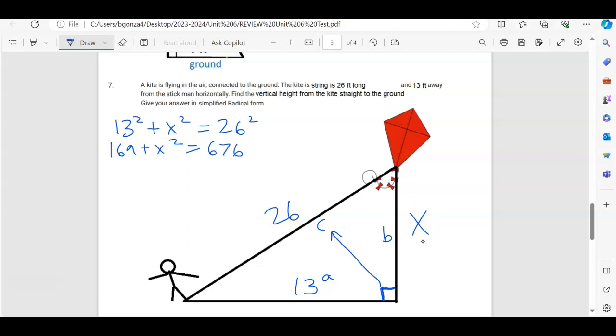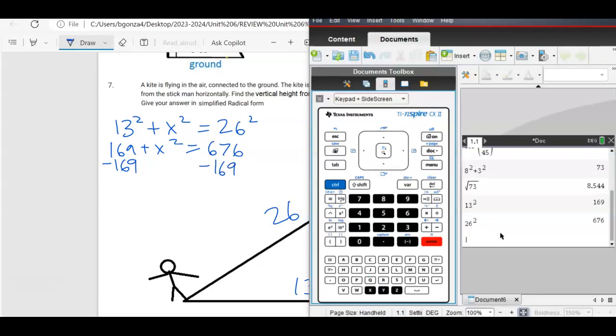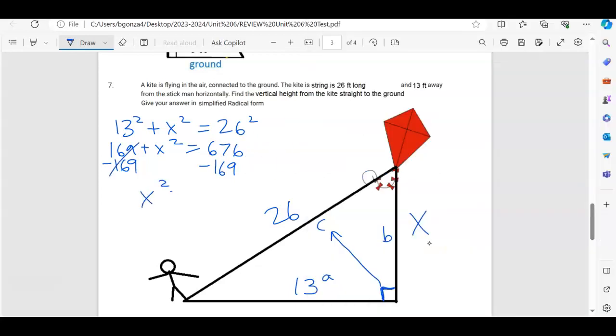And to solve for x, we need to get rid of this loner 169. So minus 169, minus 169. All right, so x squared equals 507.